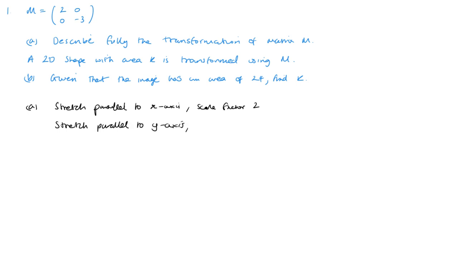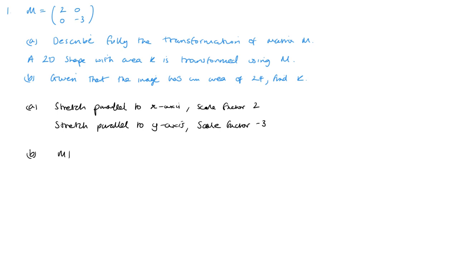And then we've got a stretch parallel to the y-axis, scale factor -3. Just reading those 2 values off. 2D shape with area K is transformed using M. Given that the image has an area of 24, find K.